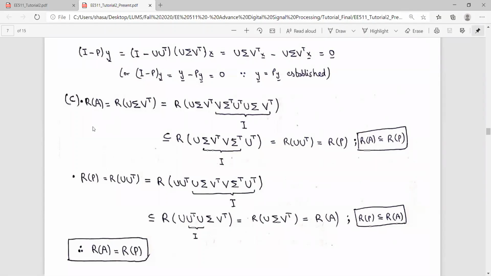So here we leverage the wonders of SVD, and so range space of A is equal to range space of U sigma V transpose. Then I just multiply identity with this. So range space of U sigma V transpose V sigma transpose U transpose U sigma V transpose. And how I came up with this, maybe I can just go to the next step and then it would become more clear.